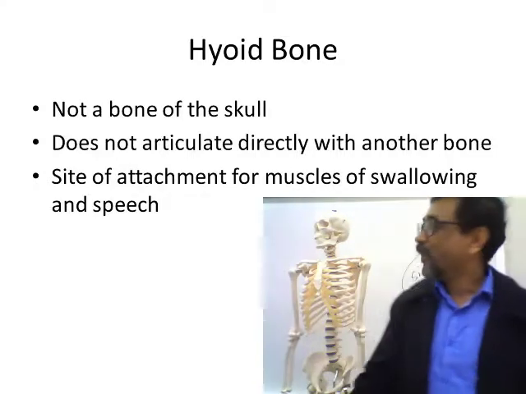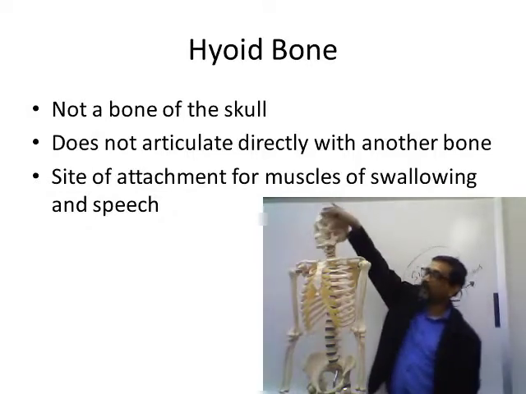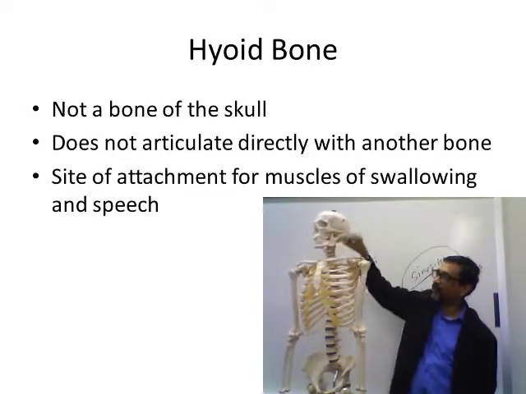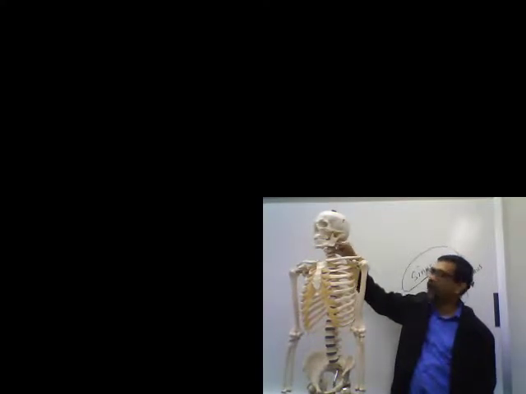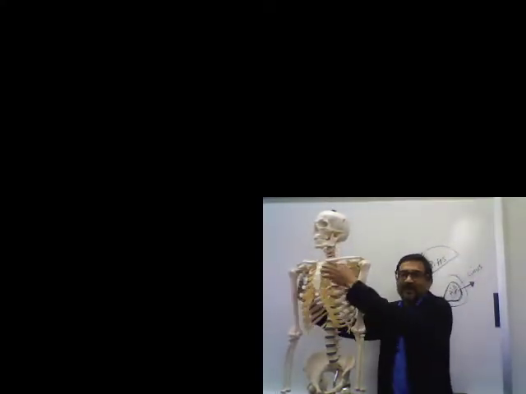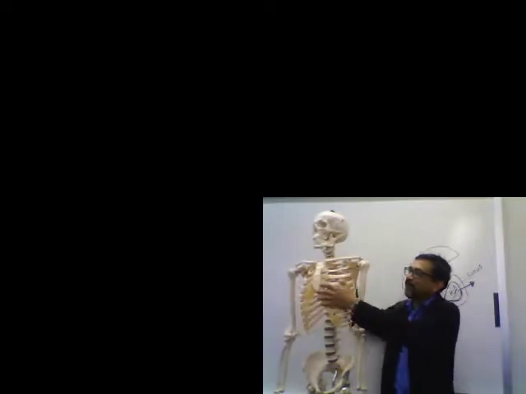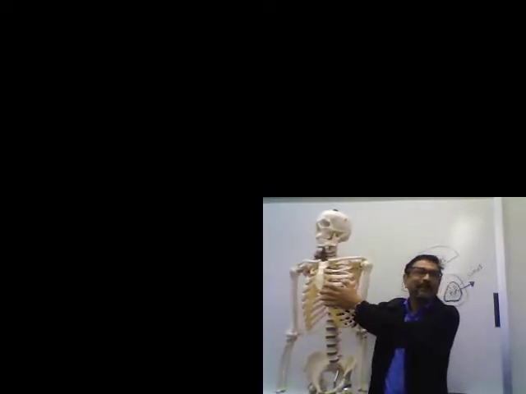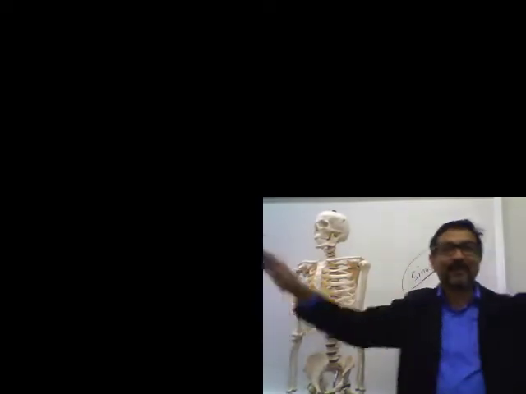For example, when we talk about the skull, we talk about cranial and facial bones. We don't include him, right? When we talk about the thoracic cage, we don't include him. When we talk about the vertebral column, we don't include him. So nobody wants to include him.